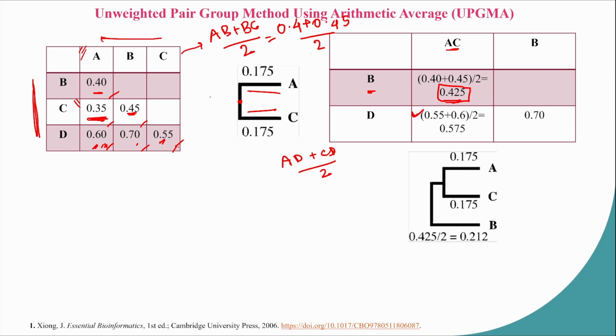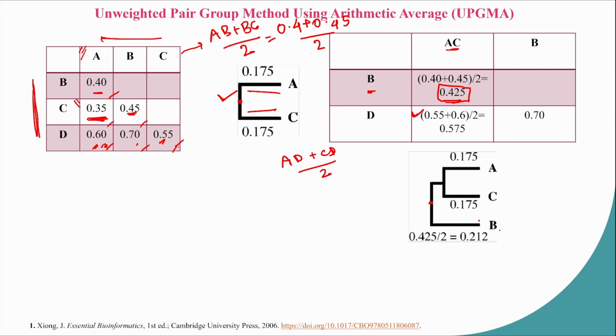The node between A and C was in our first step, and here you are introducing B, which will have a common point with the entire unit A and C combined. The distance from this common point to B will be calculated by 0.425 divided by 2 equals 0.212. That's how the distance is calculated here. The total value is halved, and you can think of it as the distance of B from the common point.